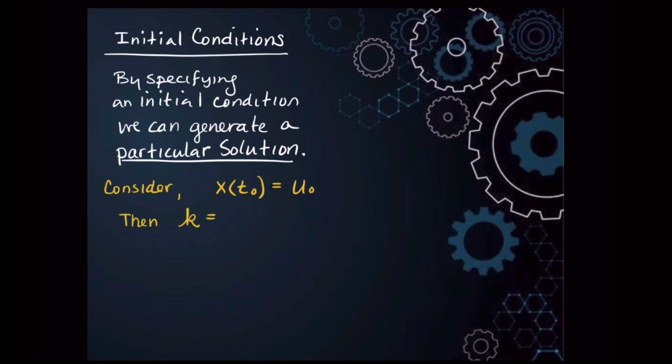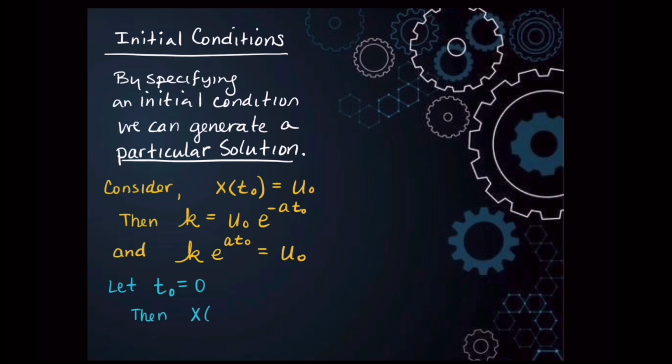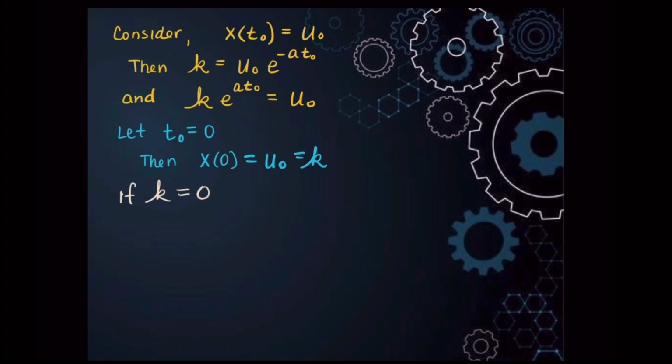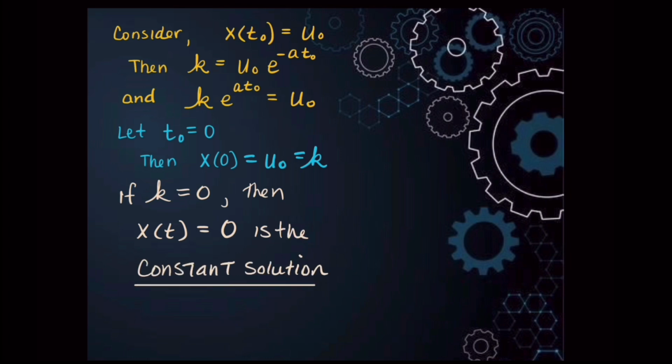Then we get the value of k equal to u naught times e to the negative a t naught, and therefore k e to the a t naught is equal to u naught. If we simplify this by letting t naught equal 0, x of 0 will be u naught, which is just the value of k. However, if k is 0, then x of t is also 0, and this would be considered a constant solution. Constant solutions are also called equilibrium solutions.